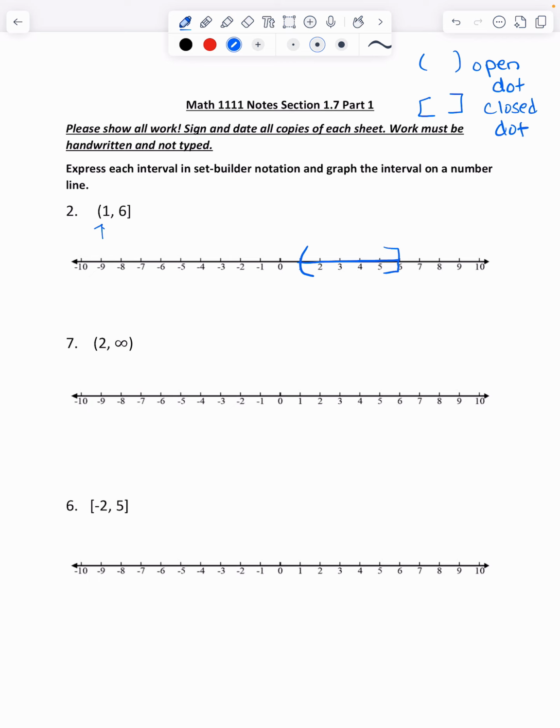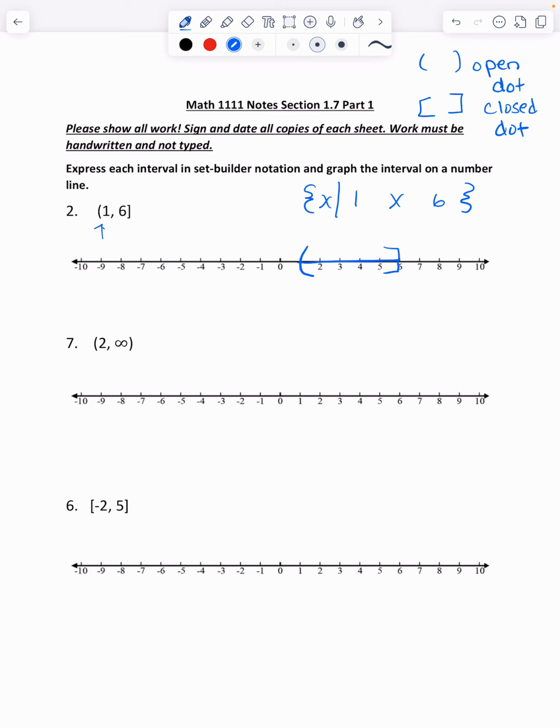When I have a segment of a line, we're always going to start off with our curly braces. The correct notation for set builder is X, straight line. This means X such that. We're telling what X is. So X is between the numbers 1 and 6.